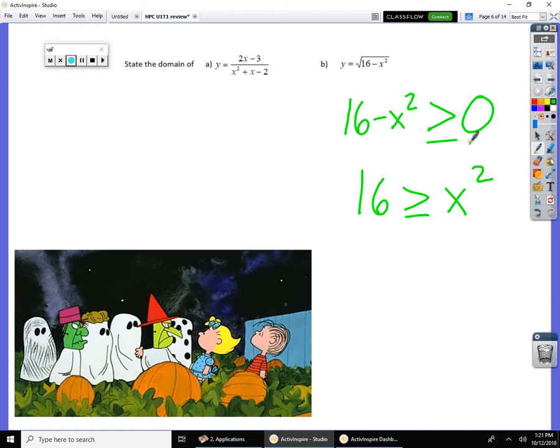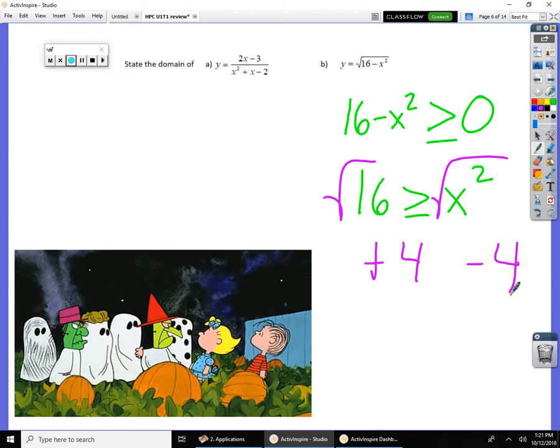Okay, now I'm going to take the square root. Because I am taking the square root, I need the positive and the negative.